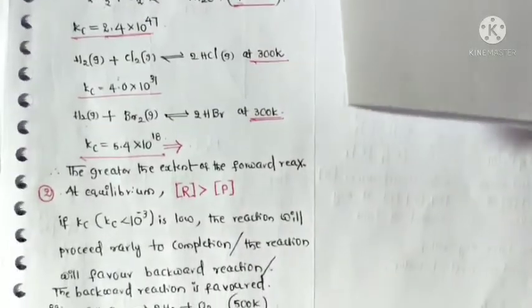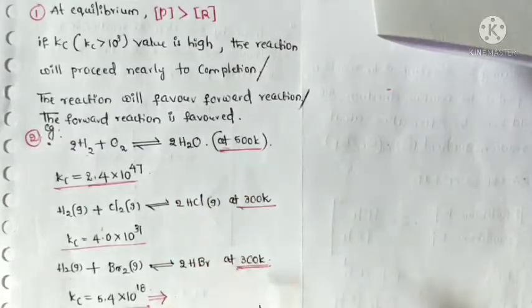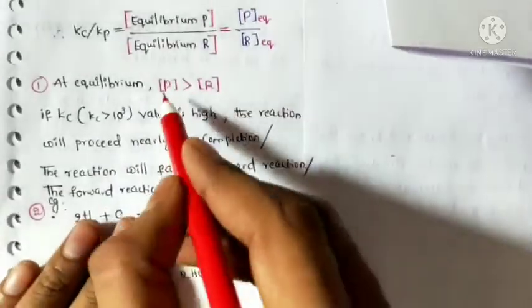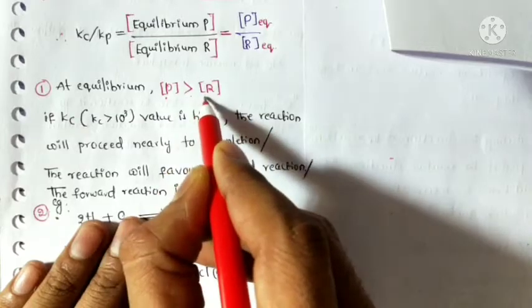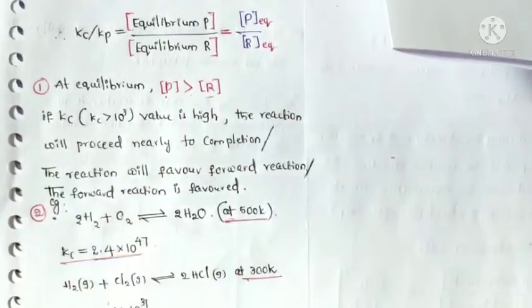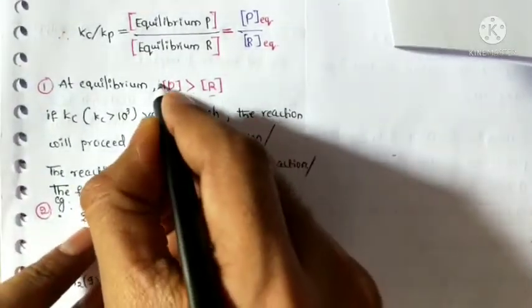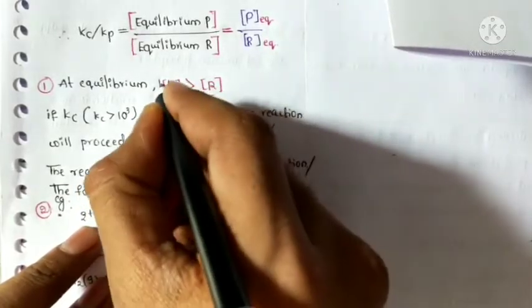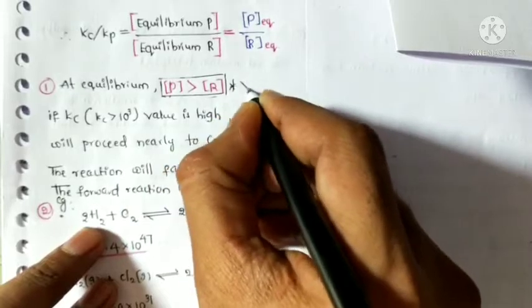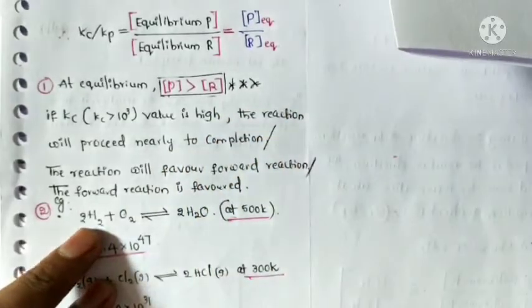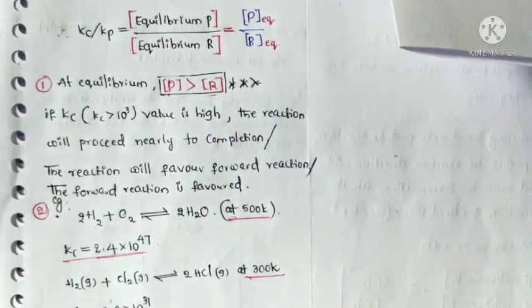In all these reactions, the product concentration is high compared with the reactant concentration. This is very, very important whenever the equilibrium constant value is very high.